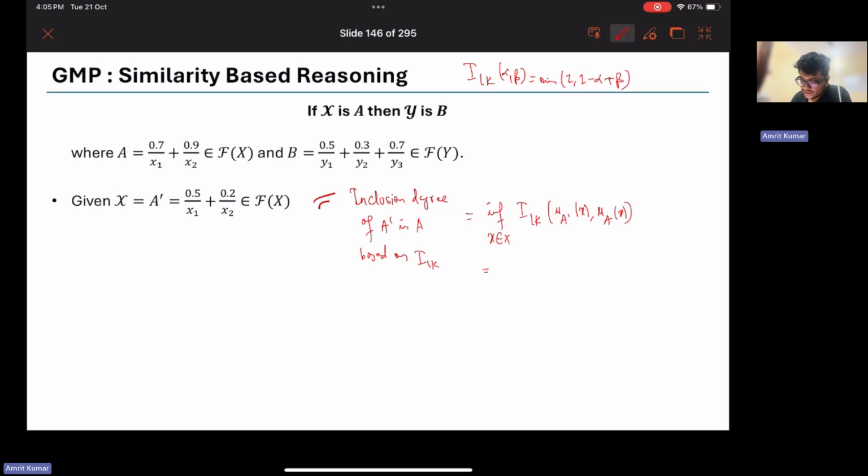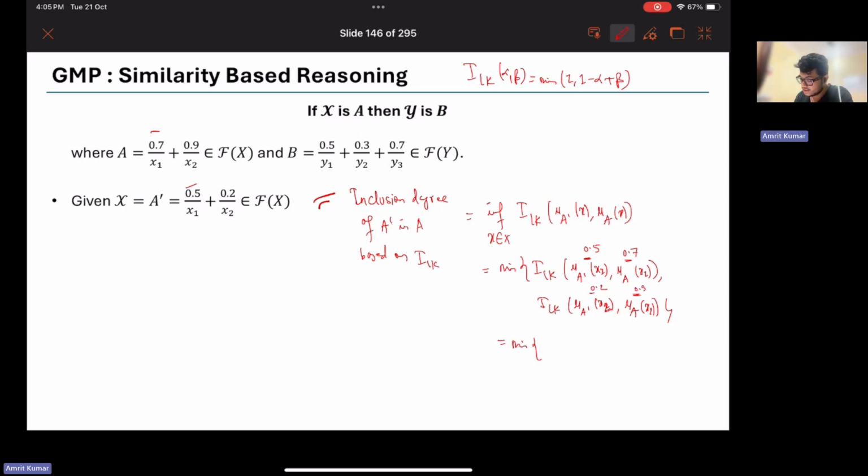And since here our X consists of only two elements, this is nothing but the minimum over the two elements, right. Now this is 0.5, this is 0.7, right? This is 0.2 and this is 0.9.